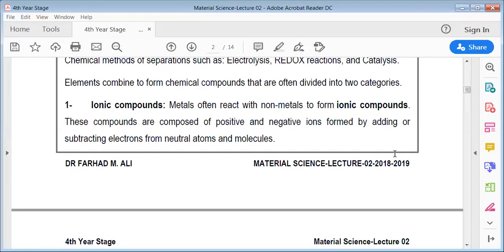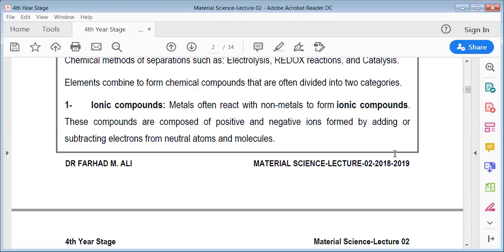So usually when you have a metal with a non-metal, they form an ionic compound. A very good example is sodium chloride. Sodium is a metal, and chlorine is a non-metal.